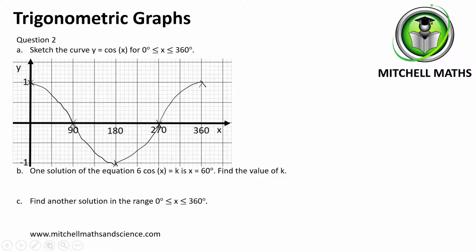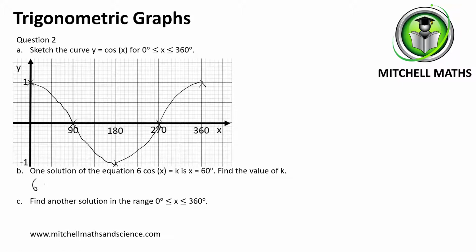Now, part B says one solution of the equation 6 cos x equals k is x equals 60 degrees. Find the value of k. This is the kind of question that's likely to come up on a non-calculator paper. We know that x is 60 degrees and we need to find the value of k.